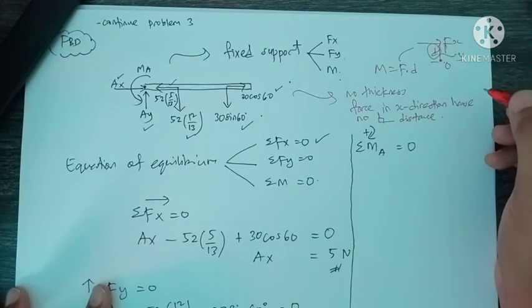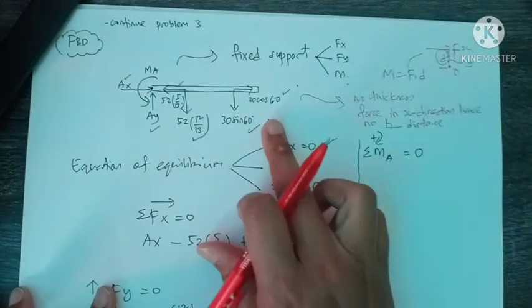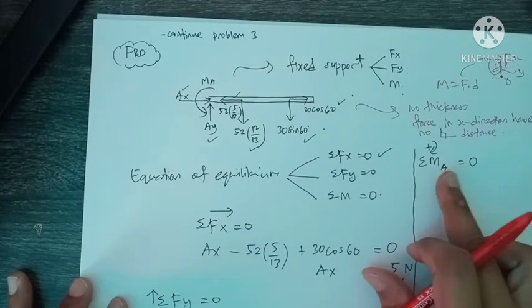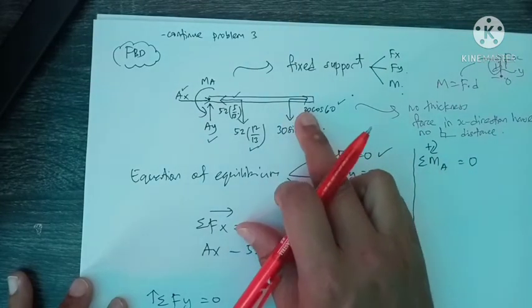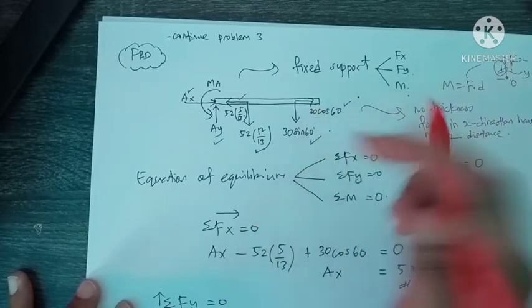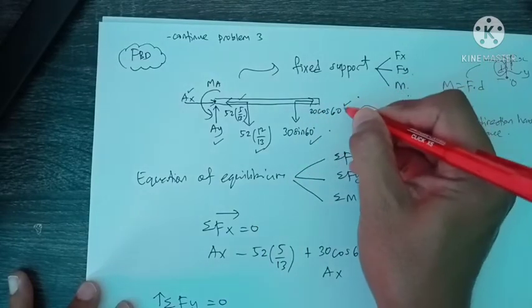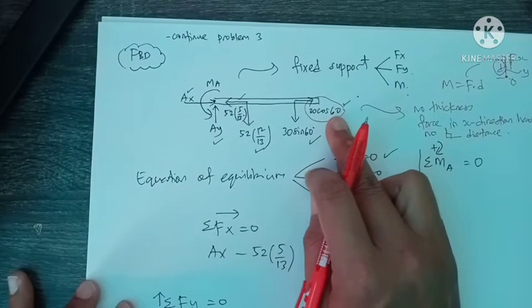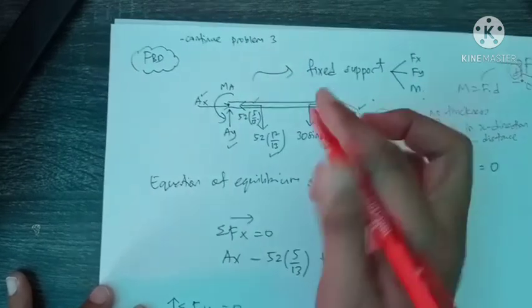So now we can simplify the equation here by identifying which force lies in x direction. So we have this force 30 cos 60 in x direction, so it will have 0 moment.